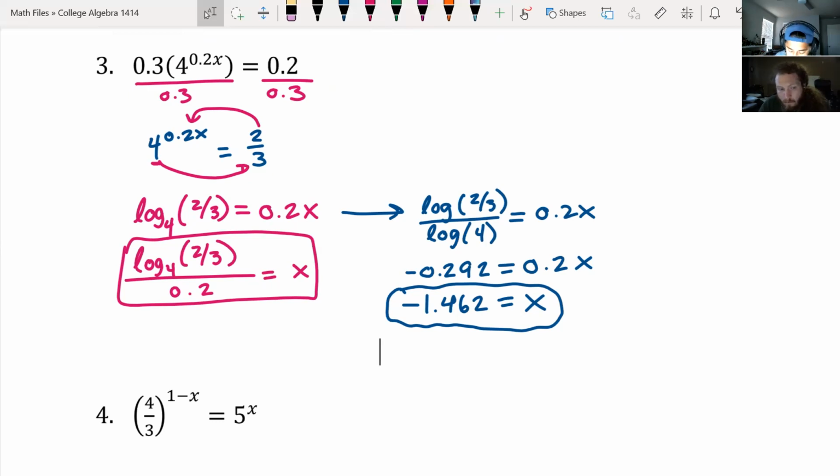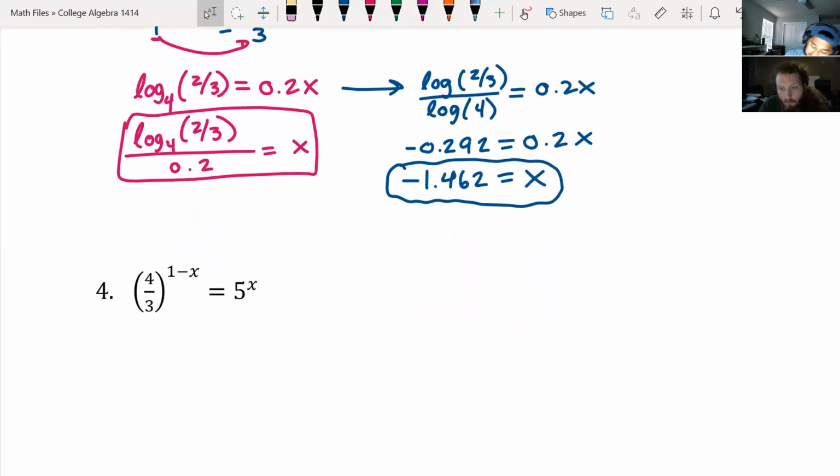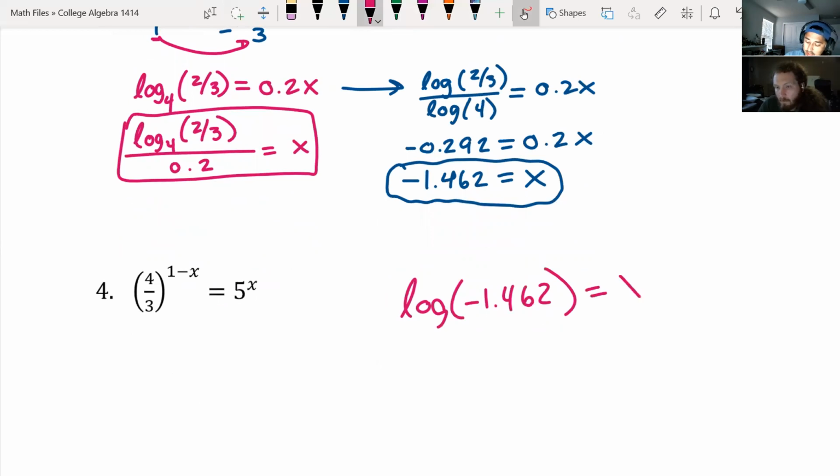Good question. Again, if it was the log of negative 1.462, this would not work. That would be an error or does not exist. Now that makes a lot more sense. Thank you.